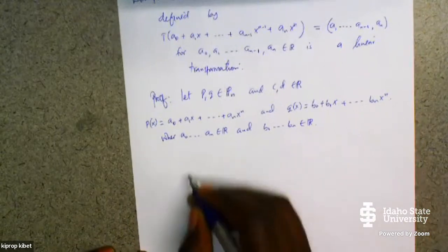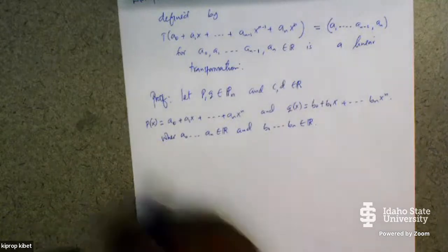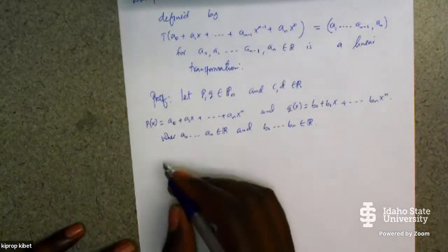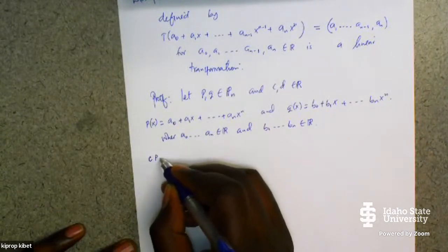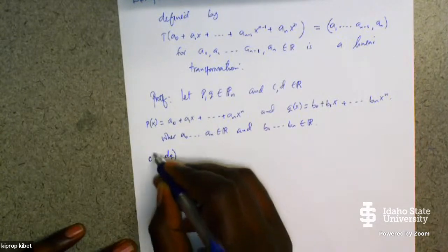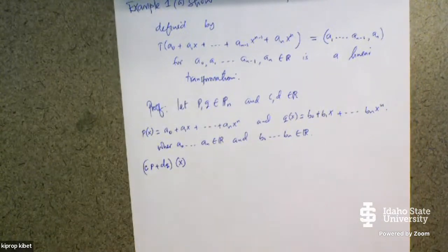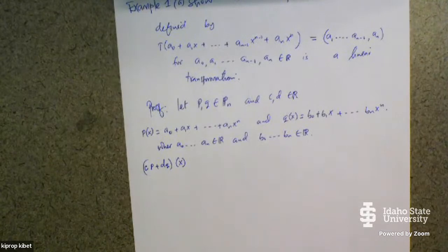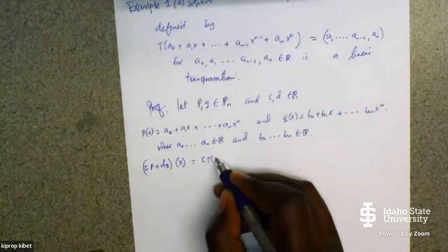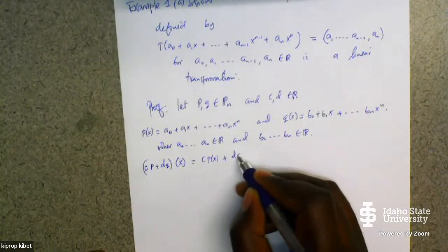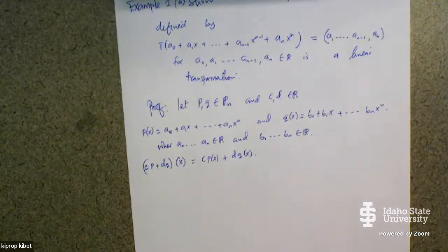Then we know that the transformation of cP plus dQ of x is basically the same as c P of x plus d Q of x.